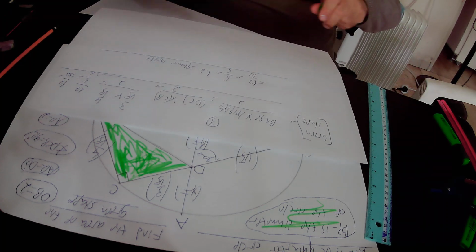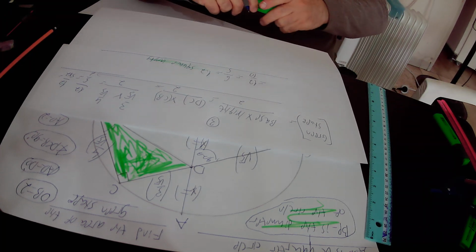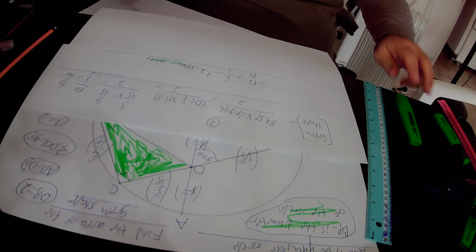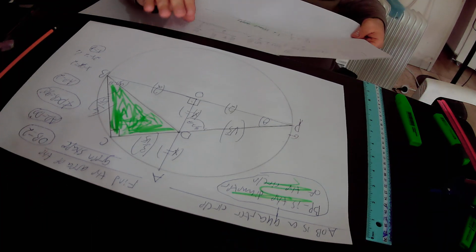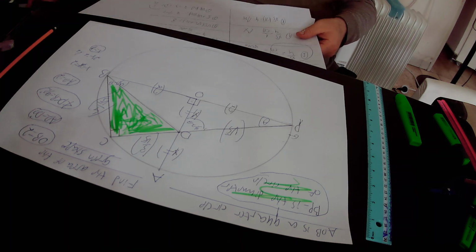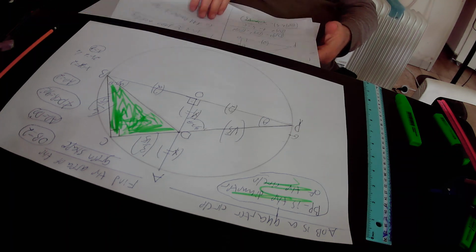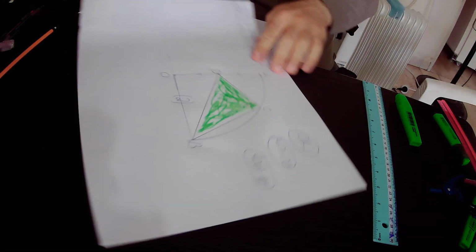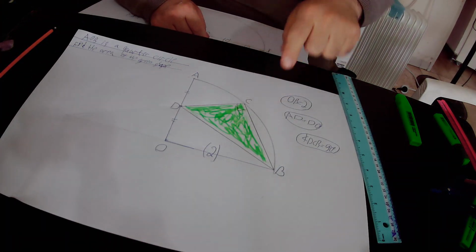Okay, so in the next step, I'll summarize the lecture. In this lecture, I found out the area of this green shape.